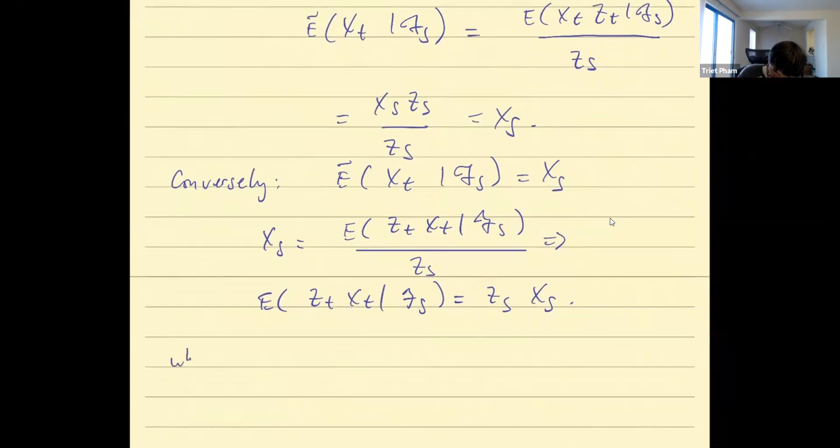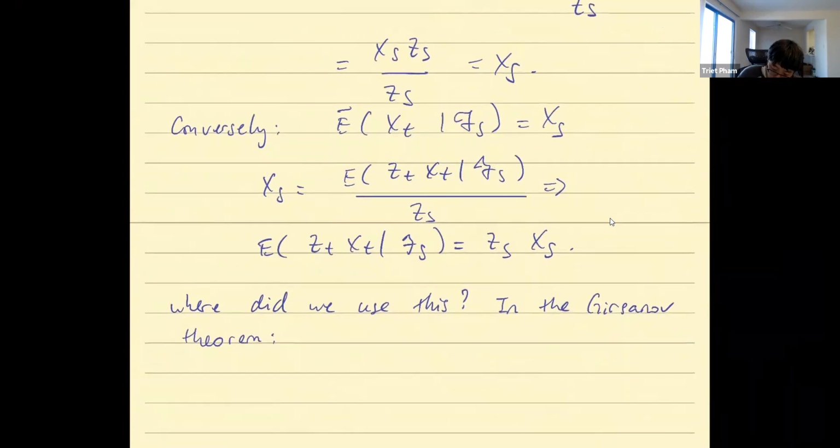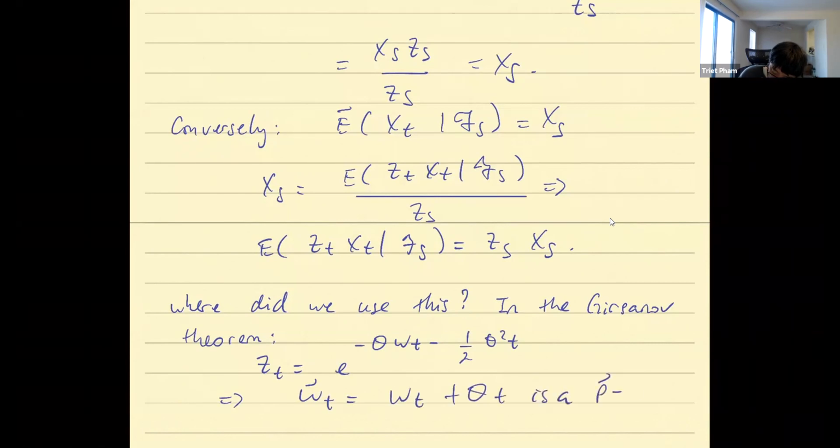So where did we see this? Where did we use this? Well, we did not use this directly, but we used it in the claim in the Girsanov theorem for the classical Black-Scholes model, where you say that if zt is e to the minus theta wt minus 1/2 theta squared t, then w tilde t, which is wt plus theta times t, is a P tilde Brownian motion, right?